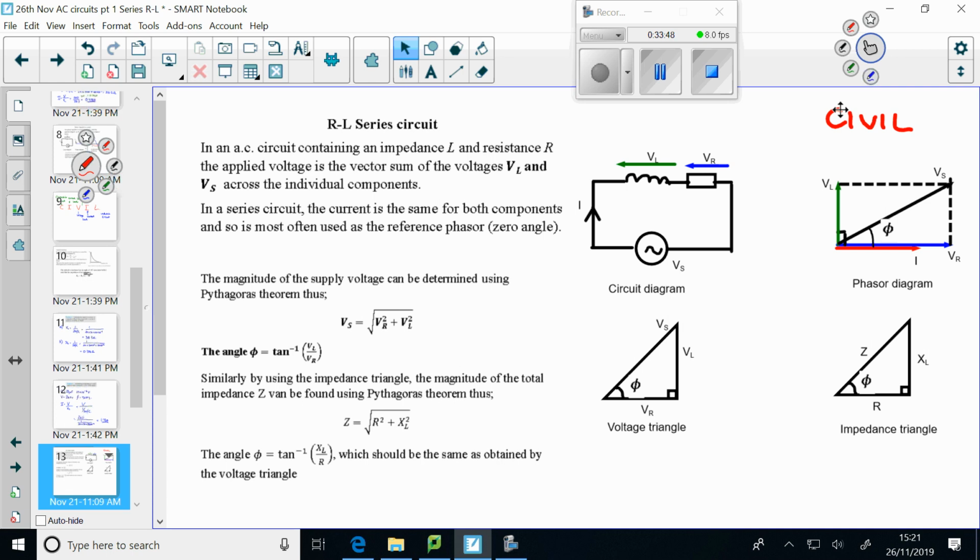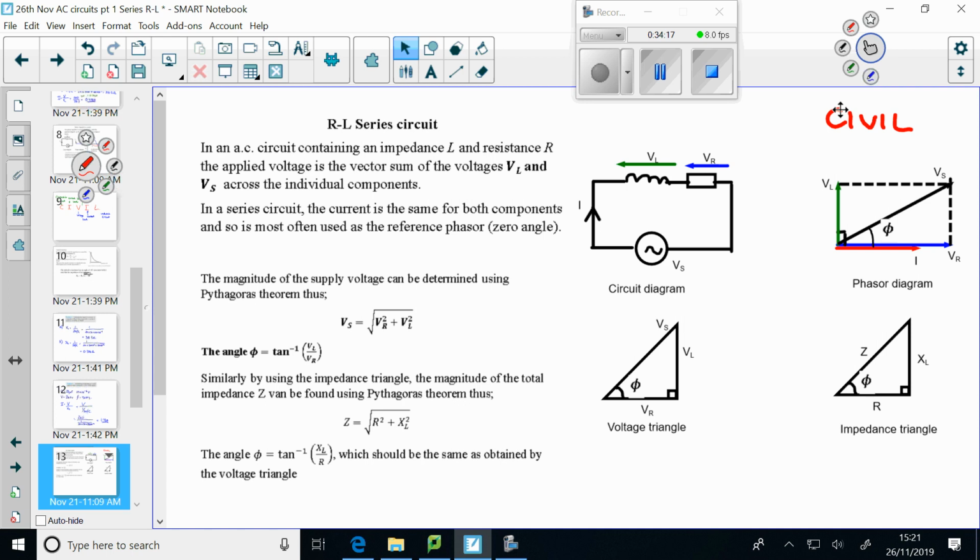We can also have the impedance triangle. That's where R is on the horizontal, XL is vertically upwards, and then the impedance is the vector sum of the two. And that has magnitude Z, angle phi. And those two angles, whichever data you use to calculate them in the same question, are going to have the same value.